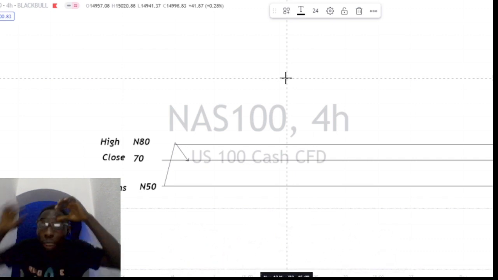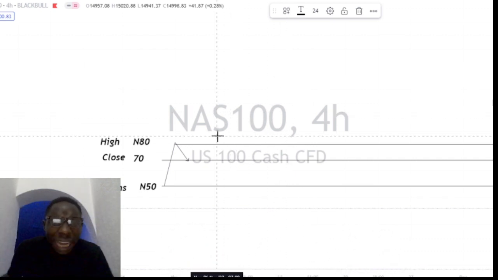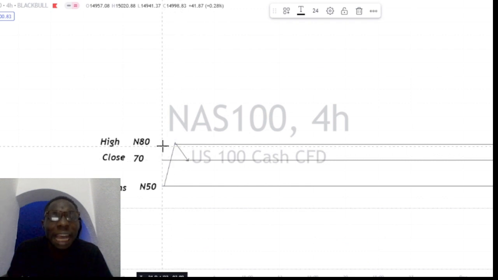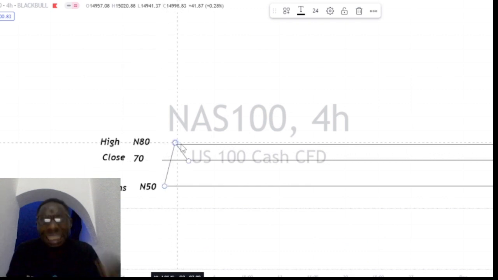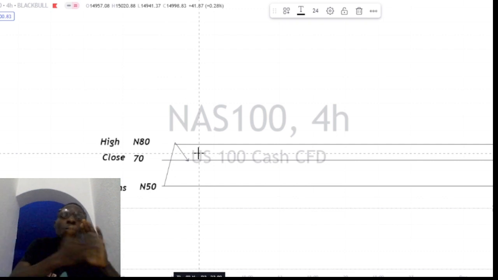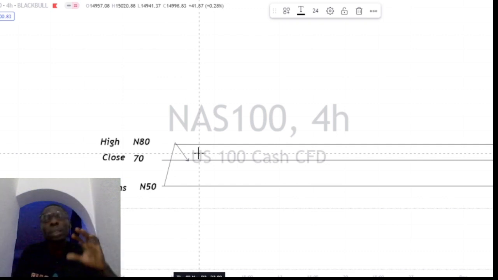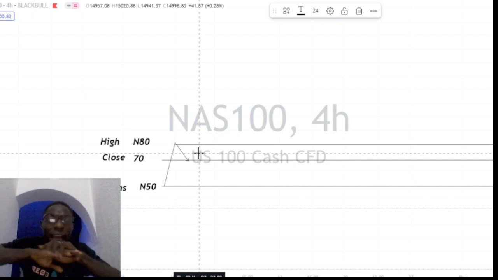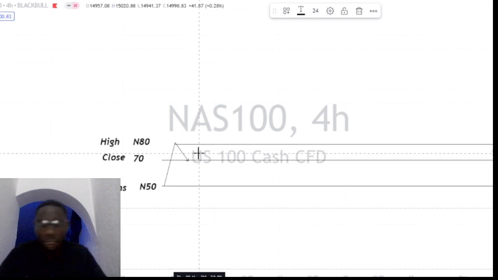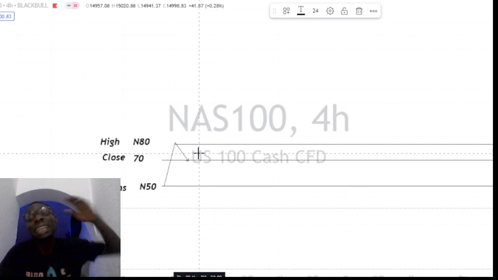Close. Let me quickly open your mind to something. Look at this level between 70 and 80. That particular level is a level where the buyers and sellers fight. But between 50 and 70, the sellers could not fight with the buyers. The buyers took maximum control of the price.